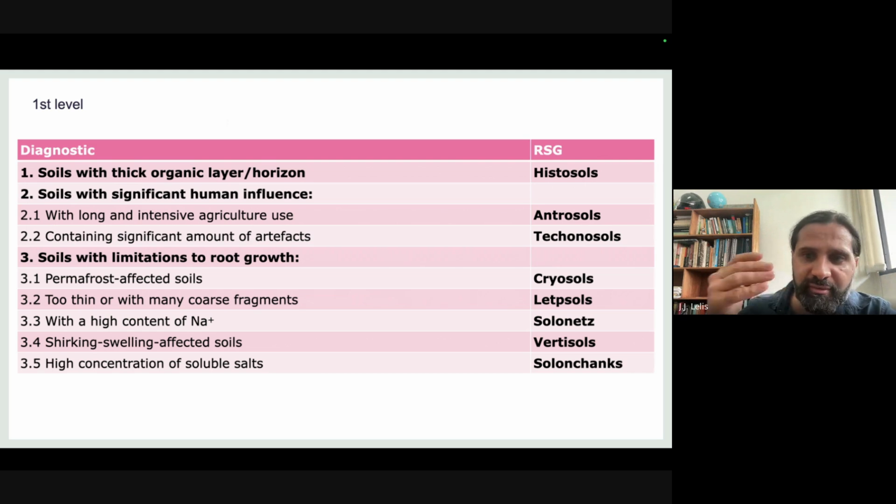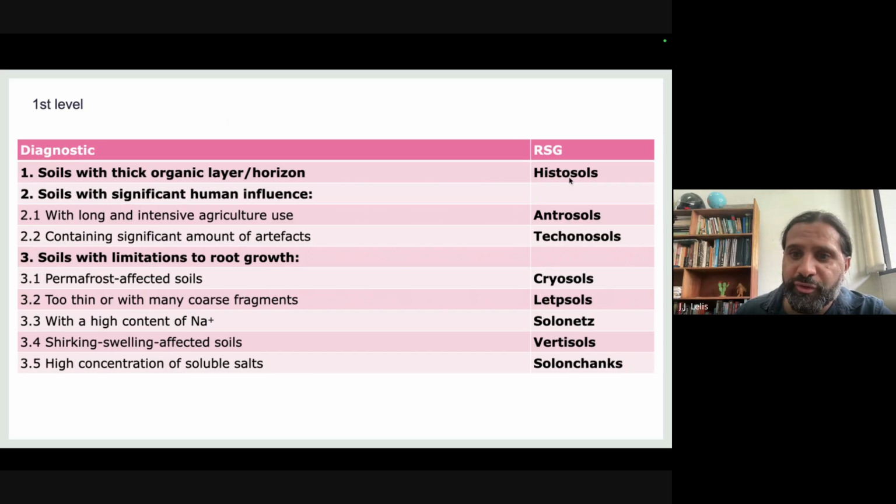And I'm presenting here according to the list, according to the way that we need to classify the soils. So we have some preference, we need to follow some order, and according to this specific order, the first RSG that we need to consider are the histosols, okay? And then we go further.